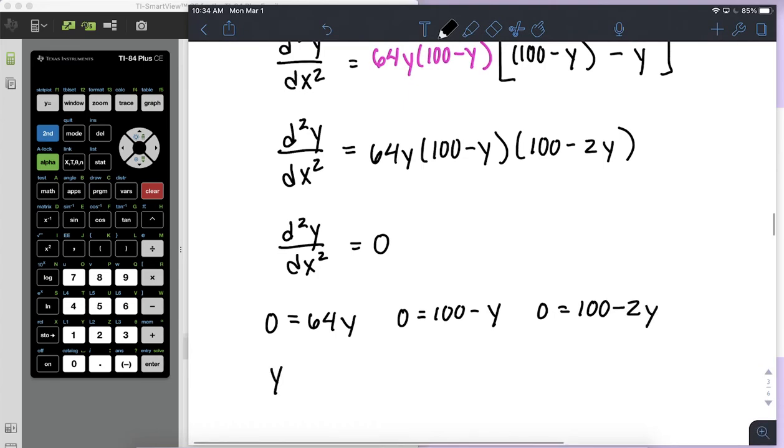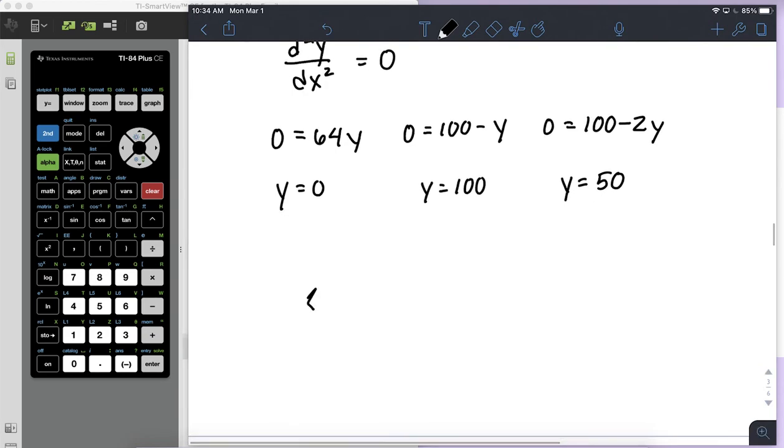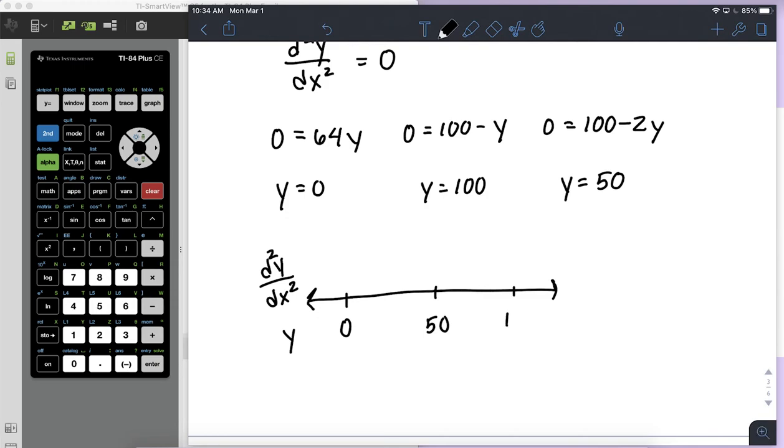So this one's really easy. y is 0, y is 100, and y is 50. So now I'm going to make a little sign chart. So I have a 0, a 50, and a 100. And I know my second derivative is equal to 0 there.